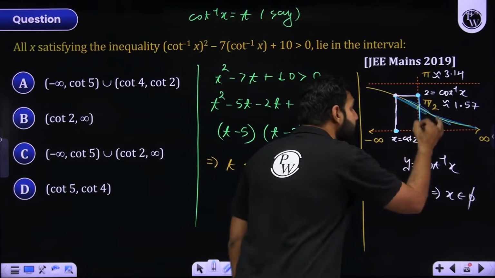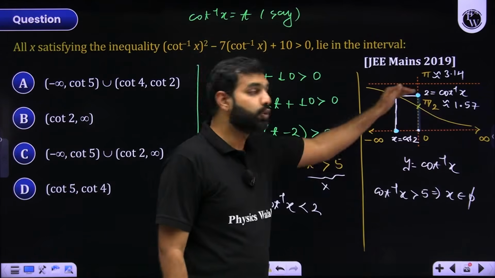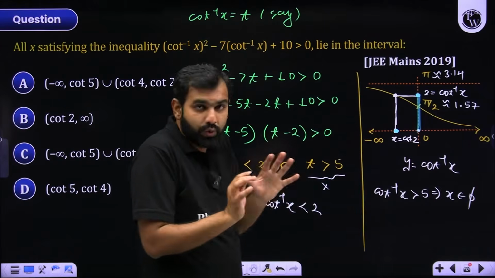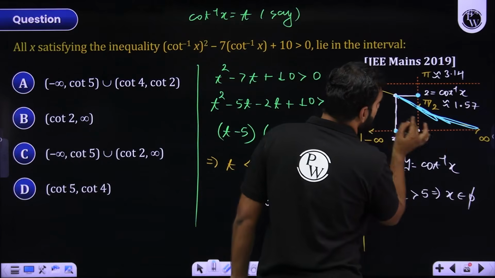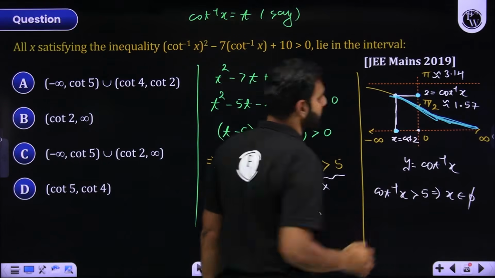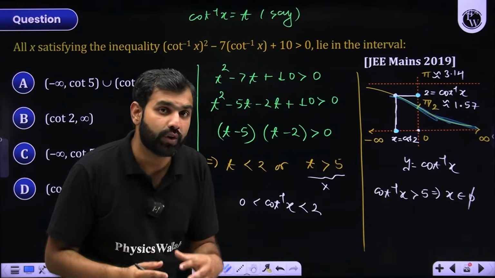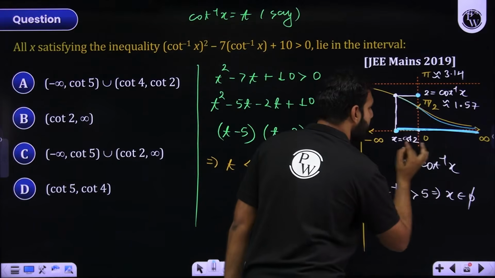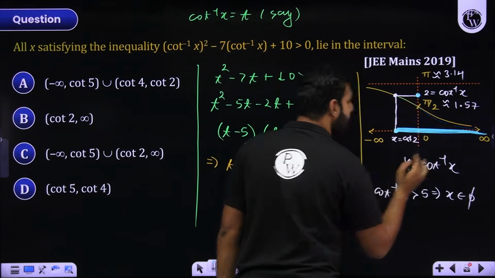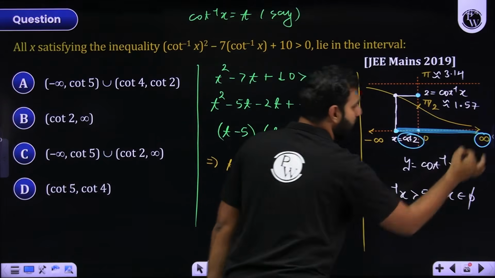Because I am considering the values of cot inverse x from 0 to, sorry, 0 to 2. And corresponding to 0 to 2, if I look at the graph of cot inverse x, this is the portion we are now dealing with. Corresponding to these values, we are looking for the values on the x-axis. The values on the x-axis will be these, and these values begin with cot 2 and reach till infinity. I hope there is no doubt on that.